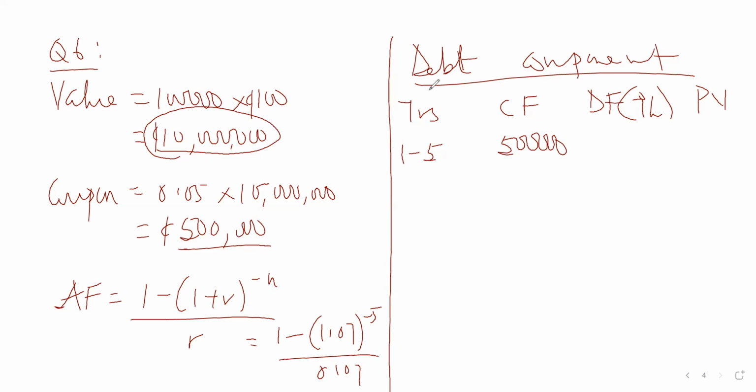Yeah, I had 4.100. It's 7%, right? Yes, 7%. Yeah, it's 4.1000.